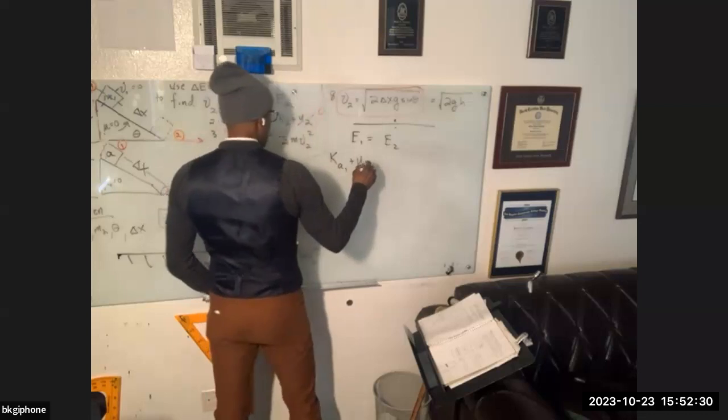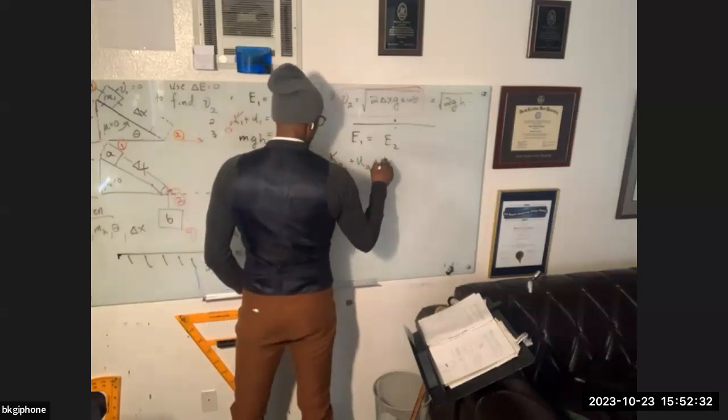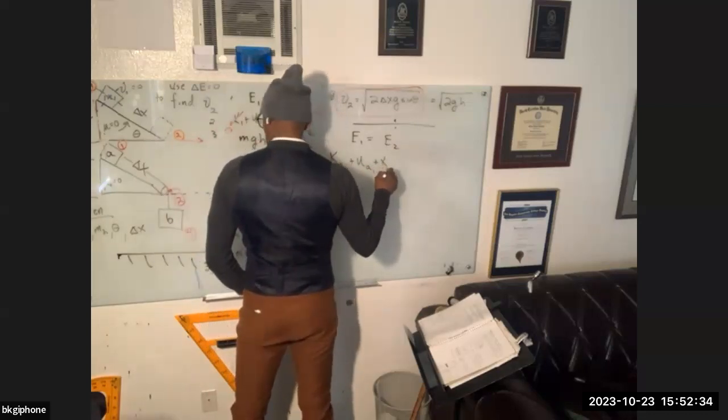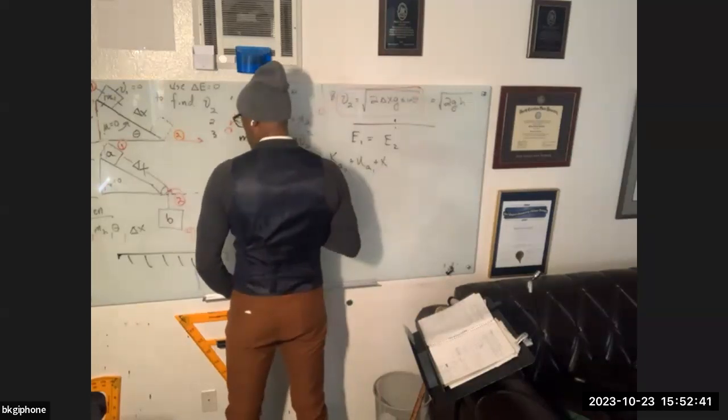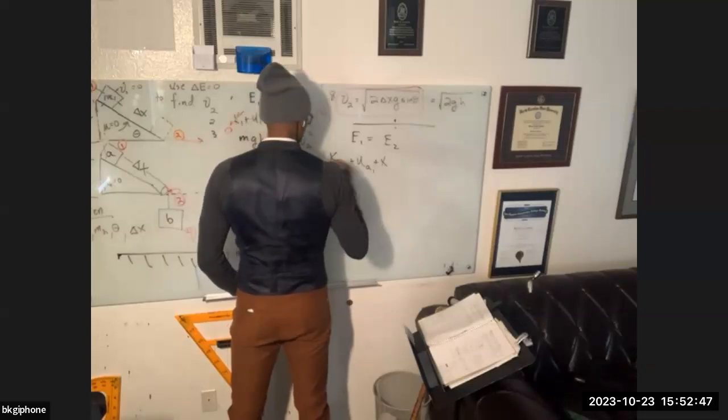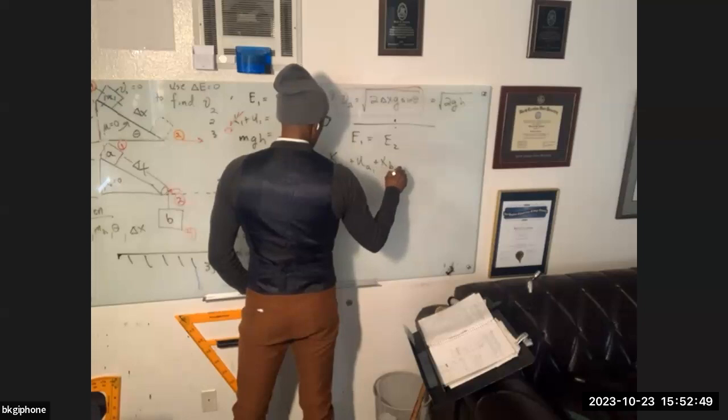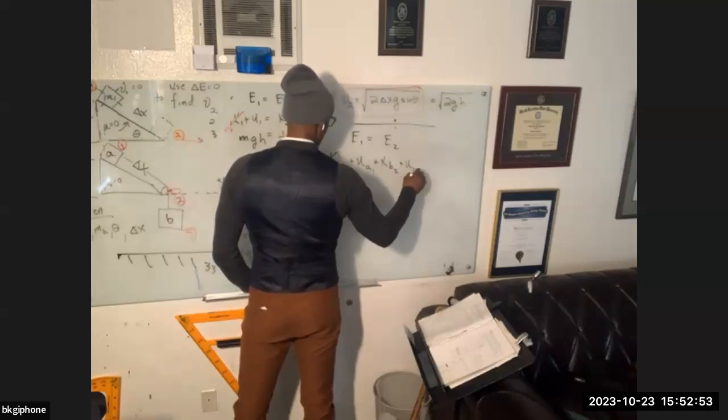And I've got the kinetic energy of block B at position 2, and the potential energy of block B at position 2.